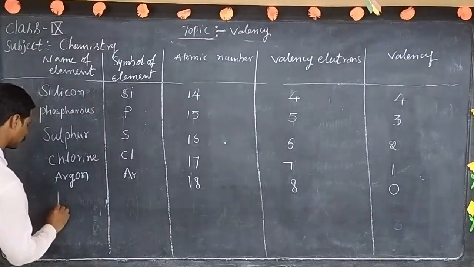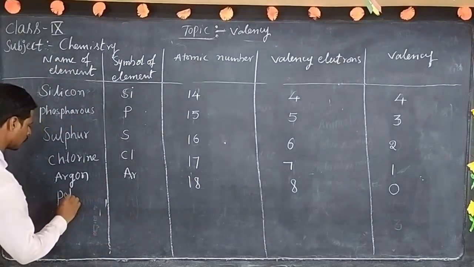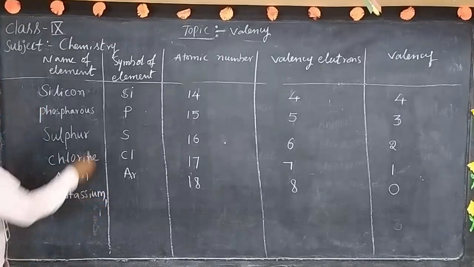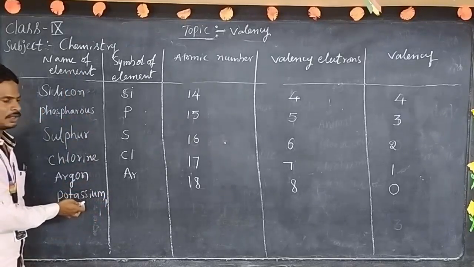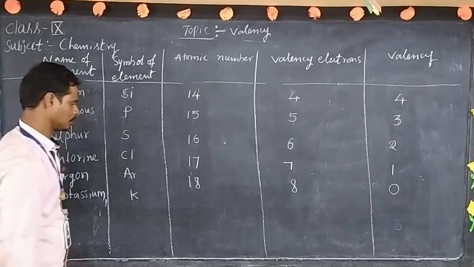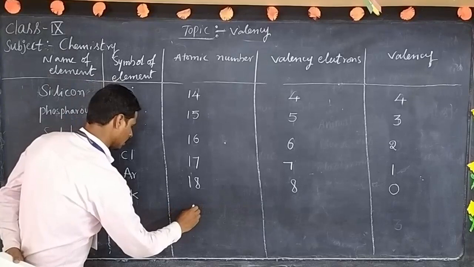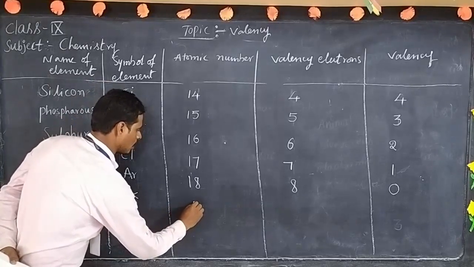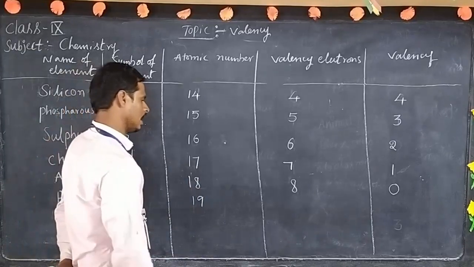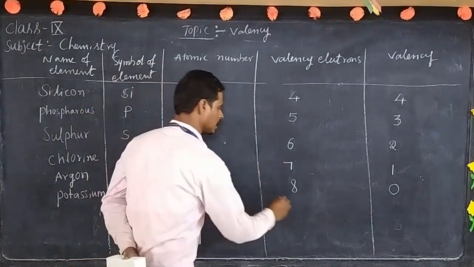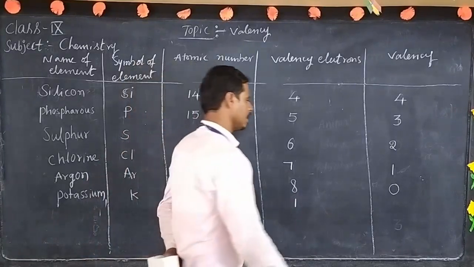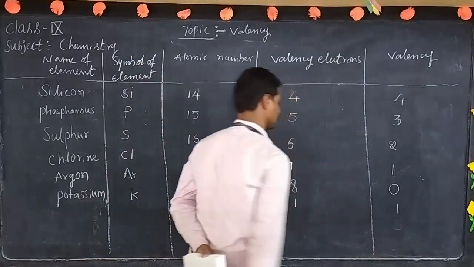Next, name of element potassium. Symbol of element K. Atomic number of potassium 19. Number of valence electrons present in potassium 1. Valency of potassium 1.